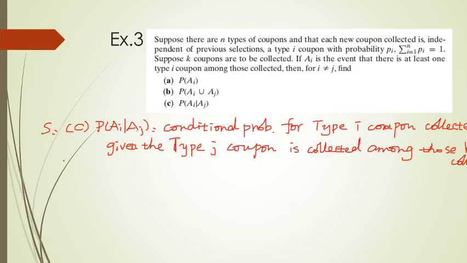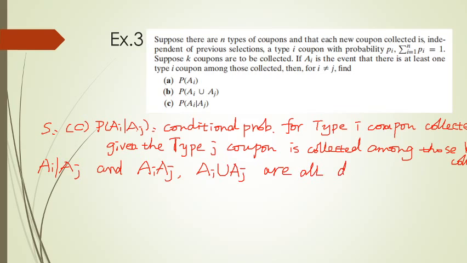The event AI given AJ, and this event AI and AJ, and this event AI union AJ, they are all different, right? Try to interpret those events, okay? The first one means given, which means we know type J coupon is already collected among the K coupons.